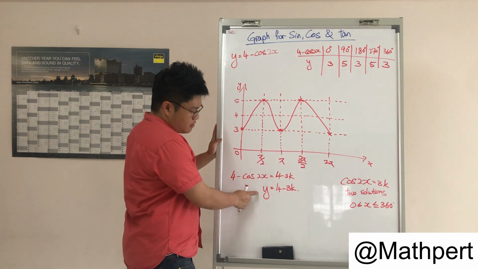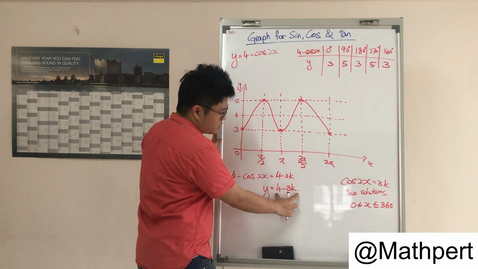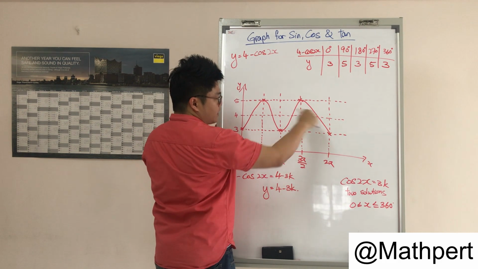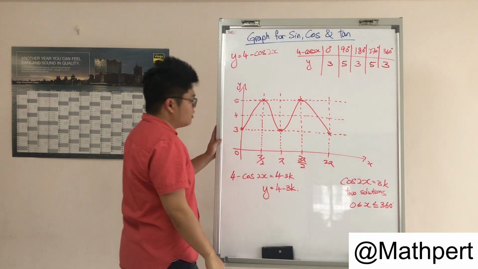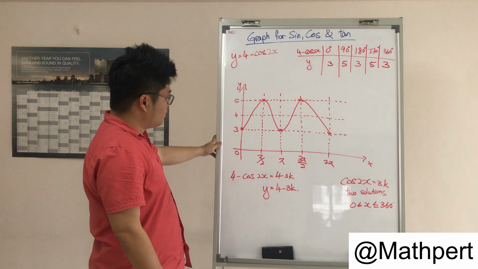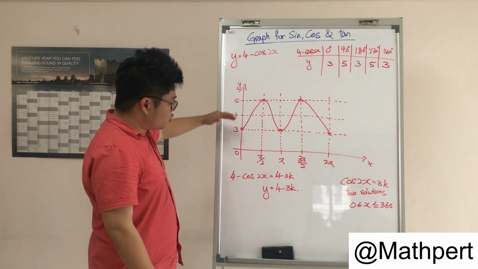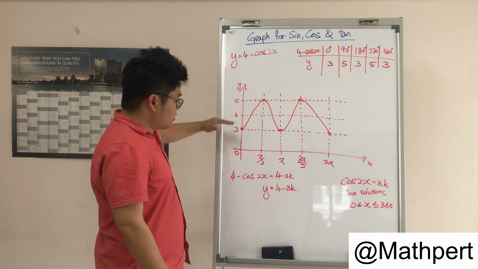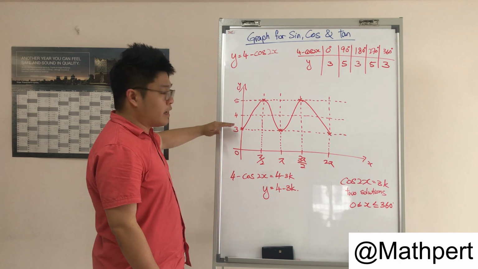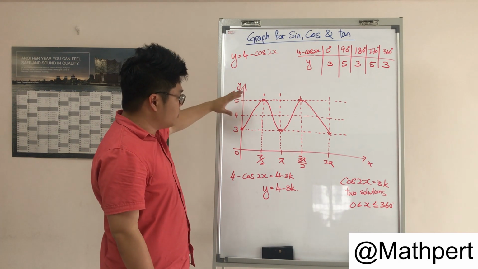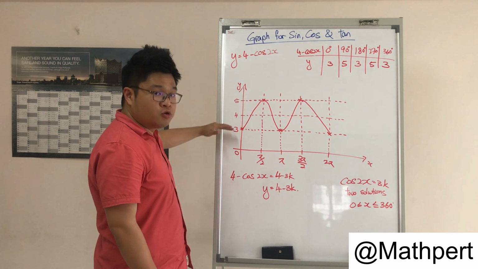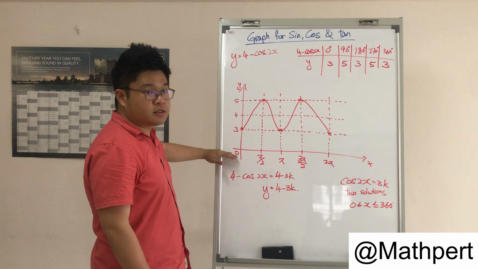Alright, obviously this is a constant, so this will be a straight line. So, is it 3? Because in between 0 to 3, the curve didn't reach anything below 3. So 0 to 3 is impossible.